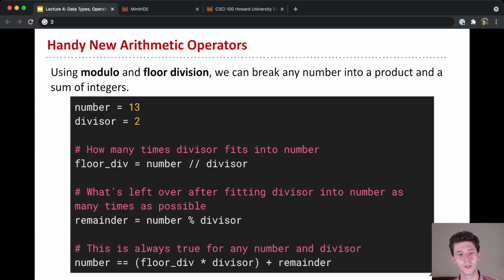So here, number floor divided by divisor will give us 6. And then what's left over, so the remainder, is going to be 1, number mod divisor. And so we can always build back up our original number by multiplying the floor division by the divisor. So 2 went into 13 6 times, so 2 times 6 is 12, and then add the remainder 1, which gives us back our 13.